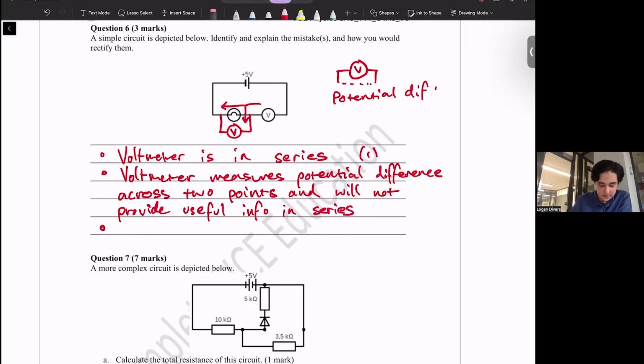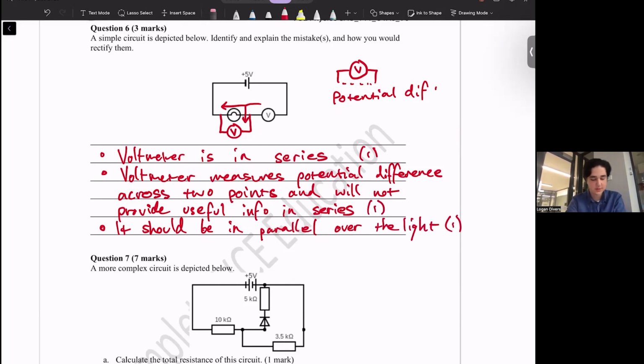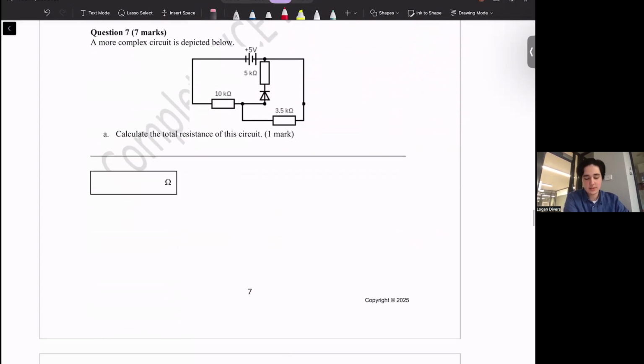You're pretty much going to find the voltage drop of just the voltmeter itself, which isn't very useful. So it should be in parallel over the light. There are your 2 marks. So 1 mark is going to be identifying the problem, another mark is going to be explaining it, and another mark is going to be saying what you do instead. Fairly straightforward. Let's move on to question 7, a much more complicated circuit this time.